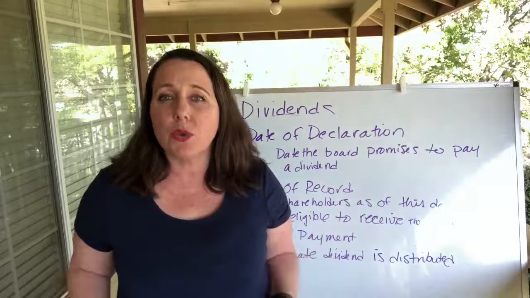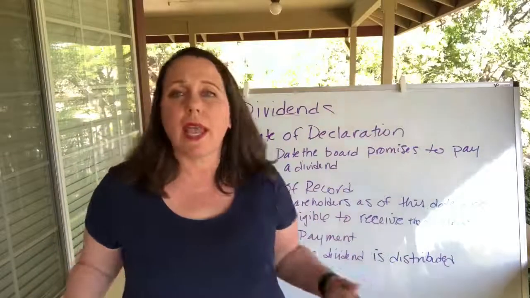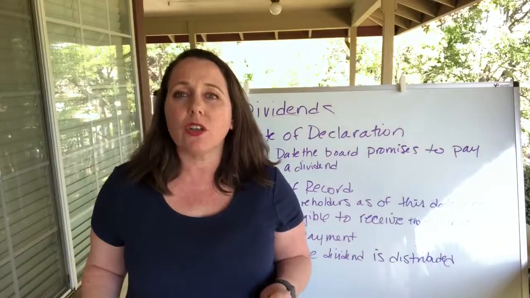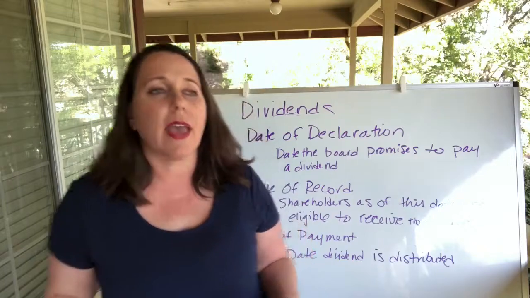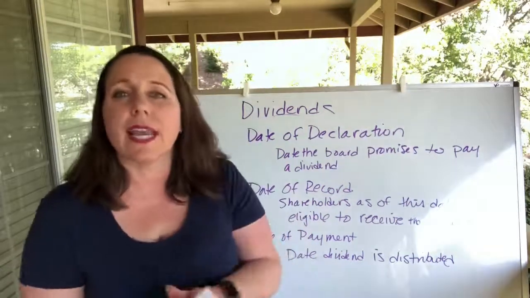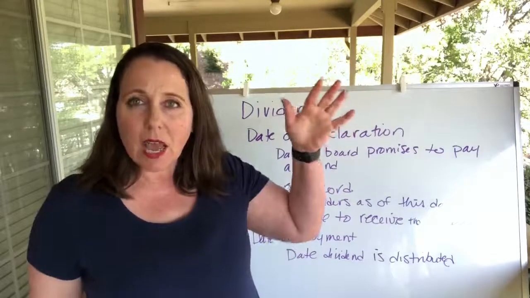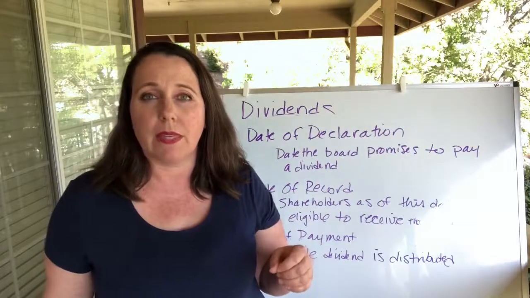And you need to know who you're going to pay. So the board will say, hey, we are declaring a dividend to all shareholders as of May 1st. And then the person who's in charge of stock services, they're going to go through all the records and they're going to come up with a list of everyone who owns stock on May 1st. And those are the people who are going to get paid the dividend, okay?